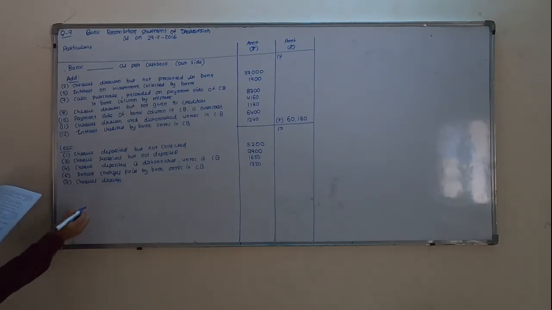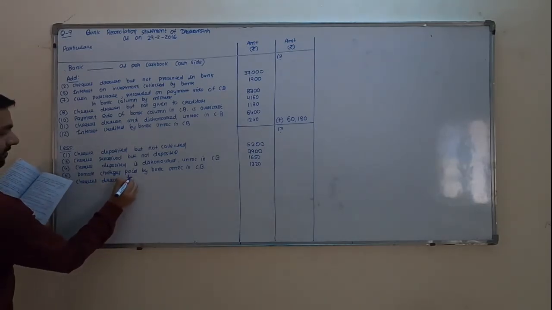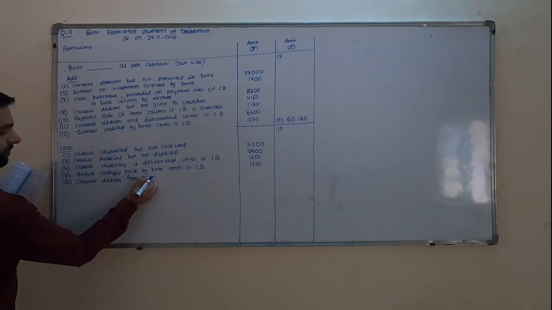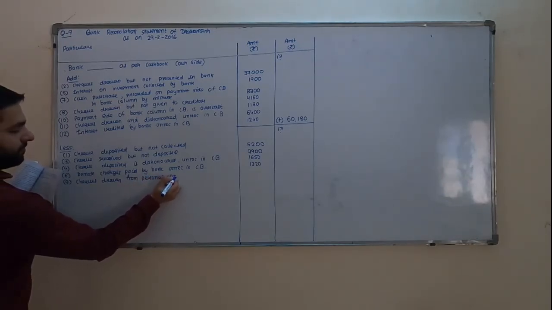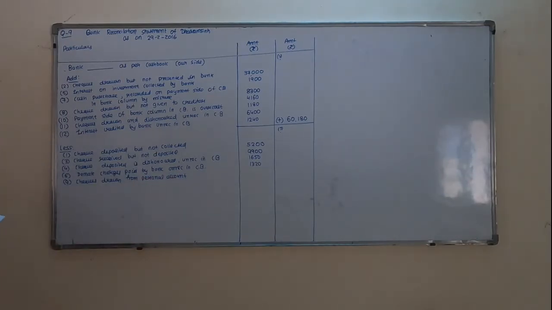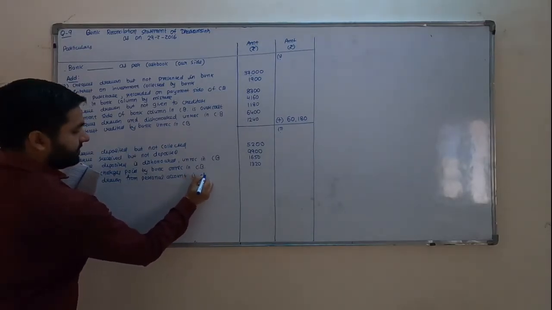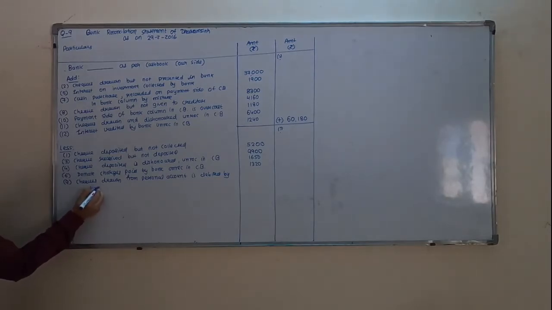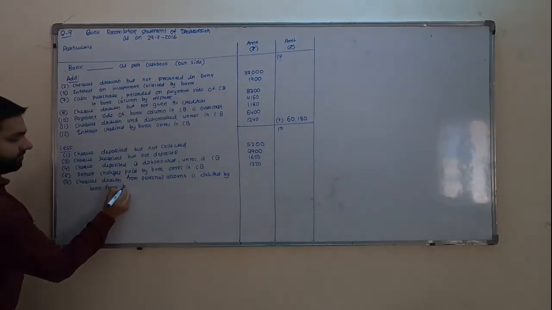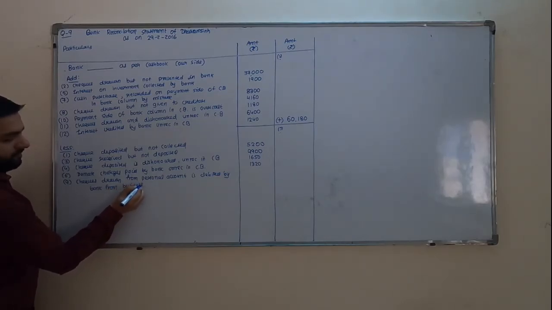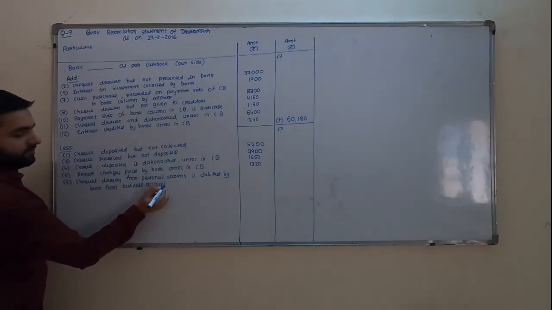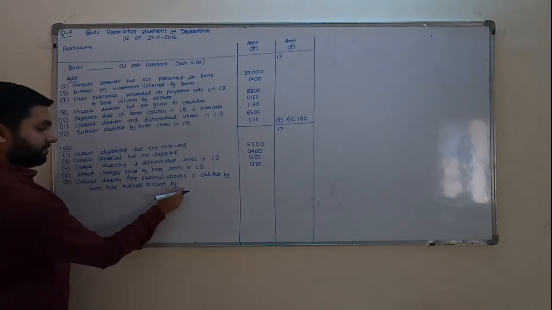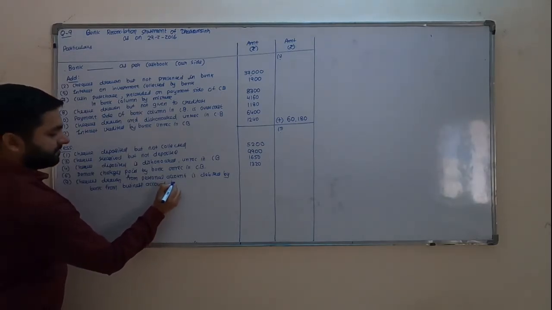Checks drawn from personal account is debited by bank from business account by mistake.